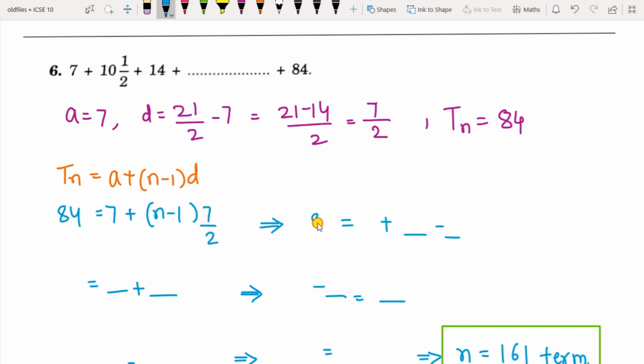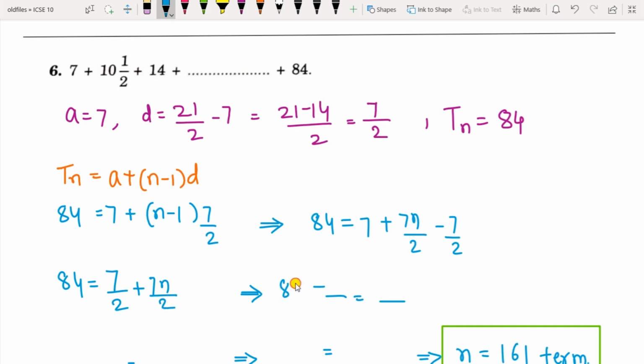So this is 84, A is 7, n minus 1, and D is 7 by 2. So this will be 84 equal to 7 plus 7n by 2 minus 7 by 2. Multiply this 7 inside the bracket. Now do the calculation for the like terms: 7 minus 7 by 2, this is 14 minus 7 is 7 by 2, plus 7n by 2.